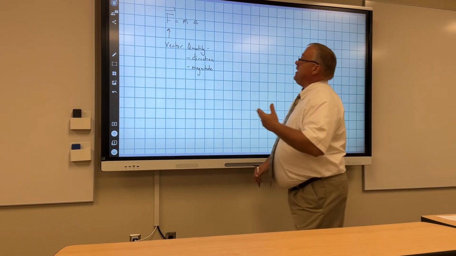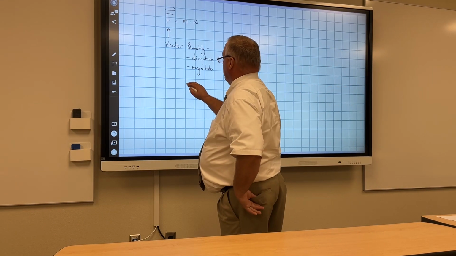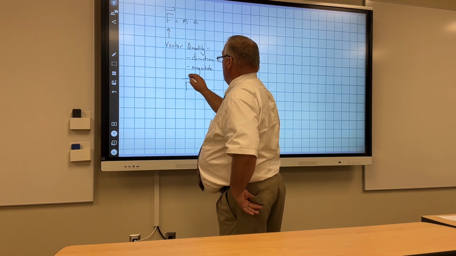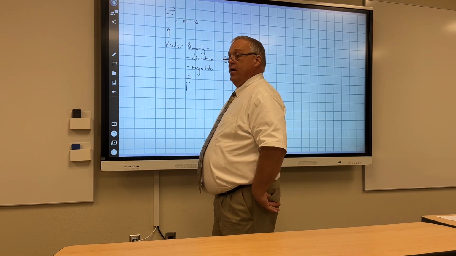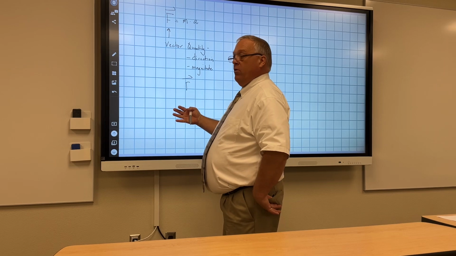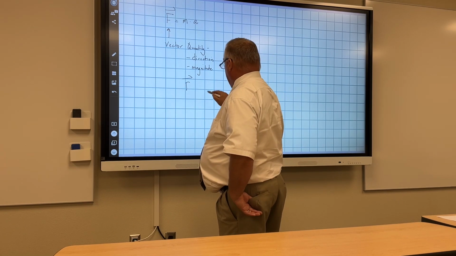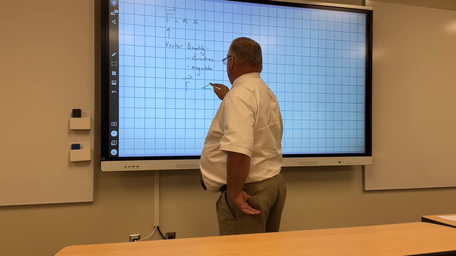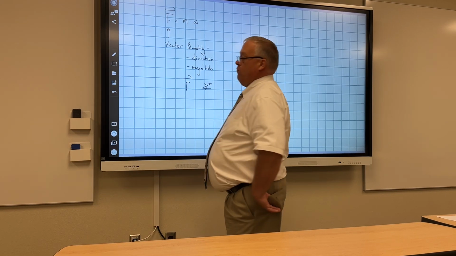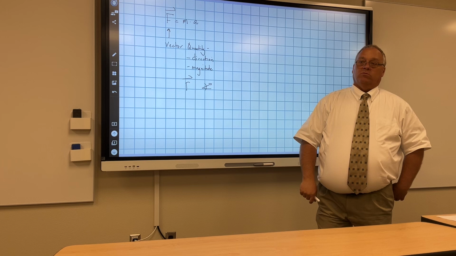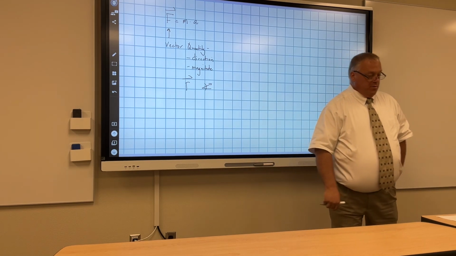Now, we're going to indicate our vectors with an arrow. Okay? It may be an upper or lowercase, it doesn't matter. We're also going to indicate with the direction symbol.